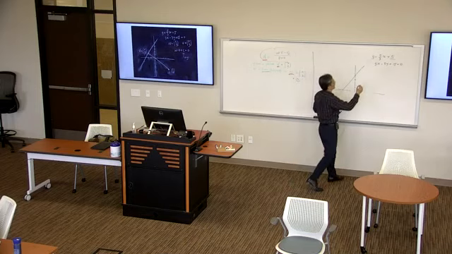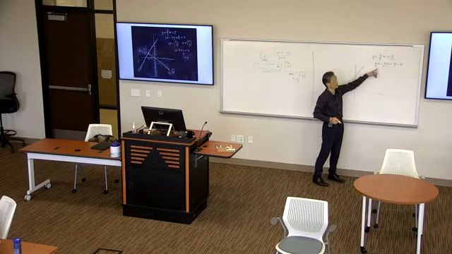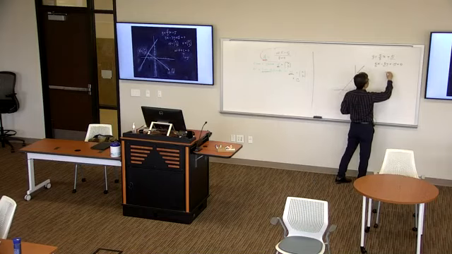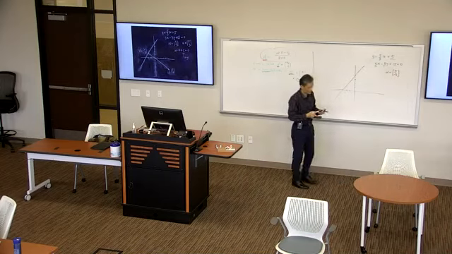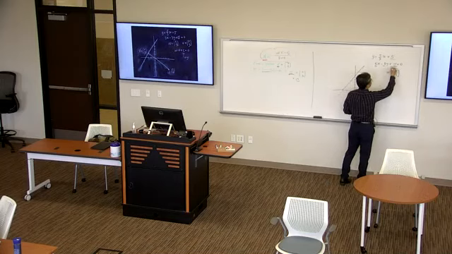Now we have two numbers, one before x and another before y. This gives us our w here, and c is a constant. C is 15.